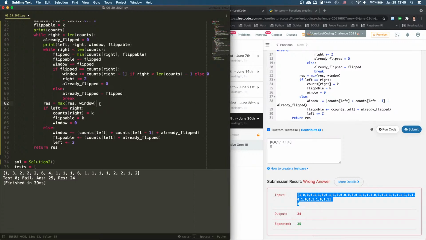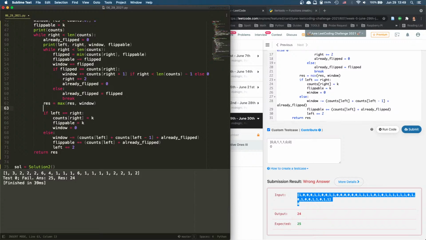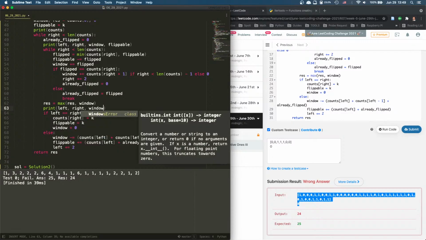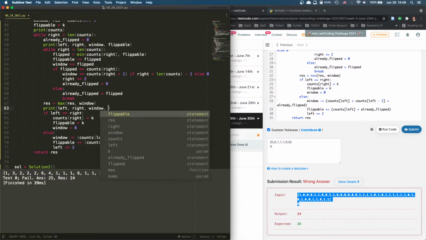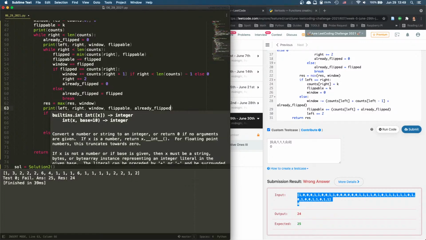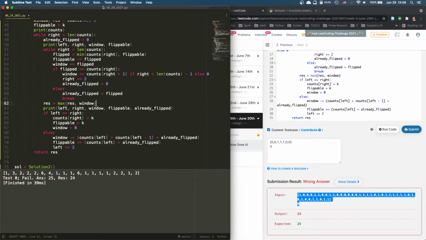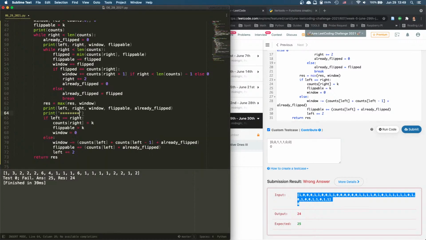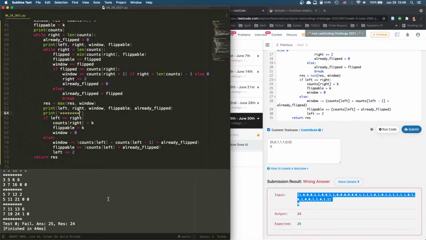At the end, as they're done, we're gonna print left, right, window, flippable, and already flipped. And after this, print the separator. All right. Oh, I think we see we have flippable at the end. Ah, that's the one. You see that?